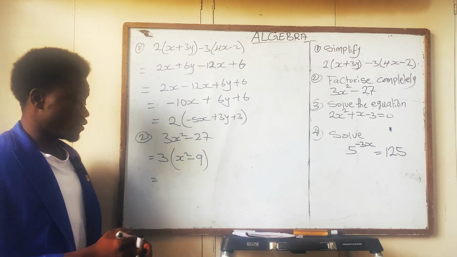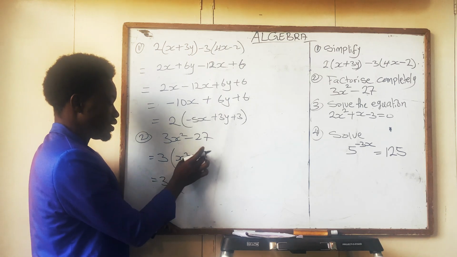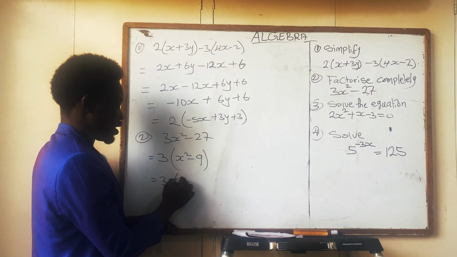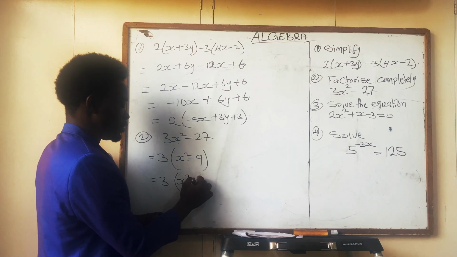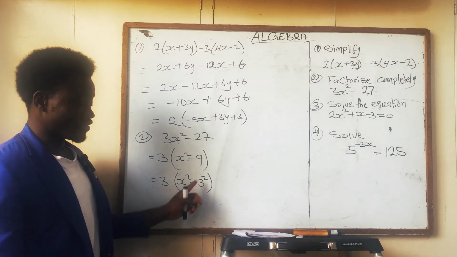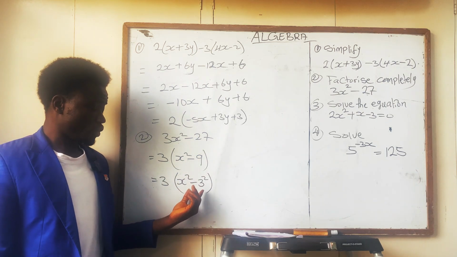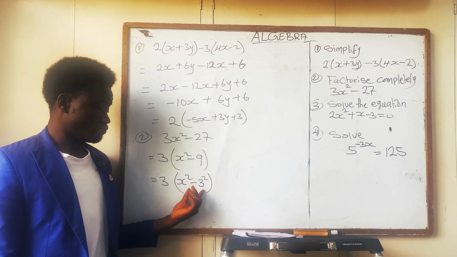And we can go further. We can see in the bracket that this 9 can be rewritten as 3 squared. So 3 squared, that's 3 times 3, will give me 9. Now, what comes to your mind is that this is a difference of two squares.